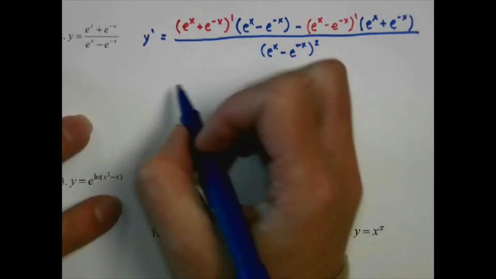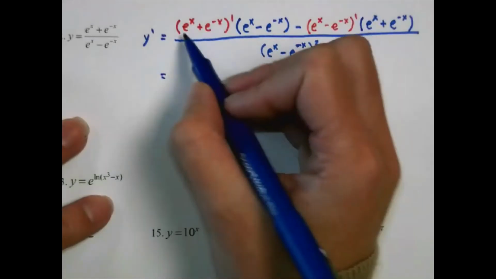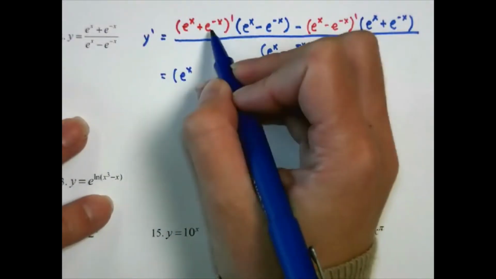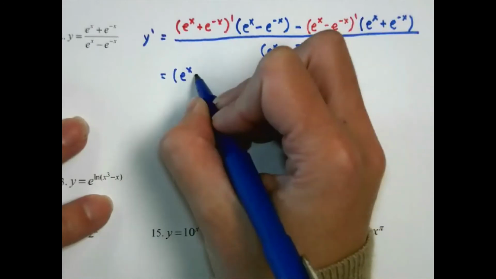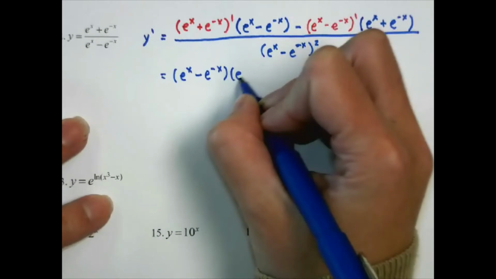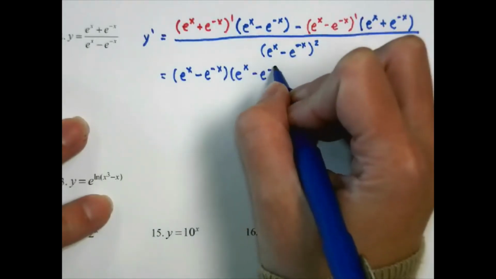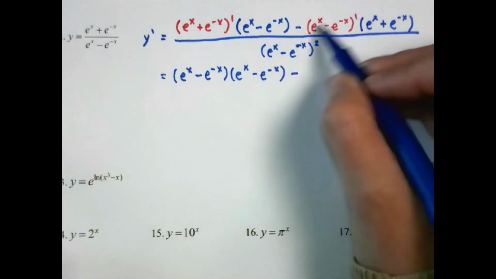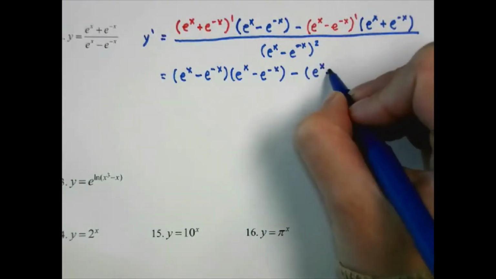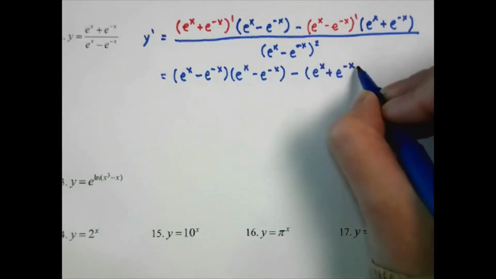Okay, so we'll do these derivatives. So this one's derivative is going to be e to the x. Derivative of e to the negative x is going to be negative e to the negative x. Here we're going to have e to the x plus e to the negative x.